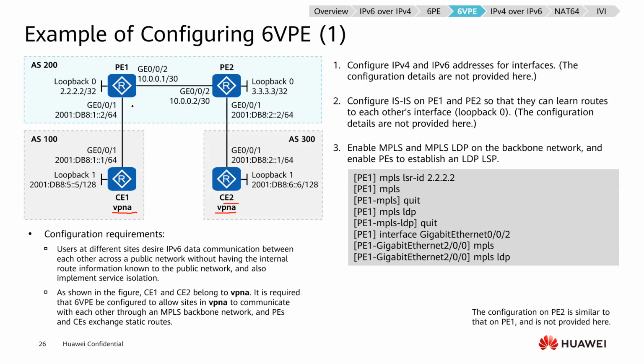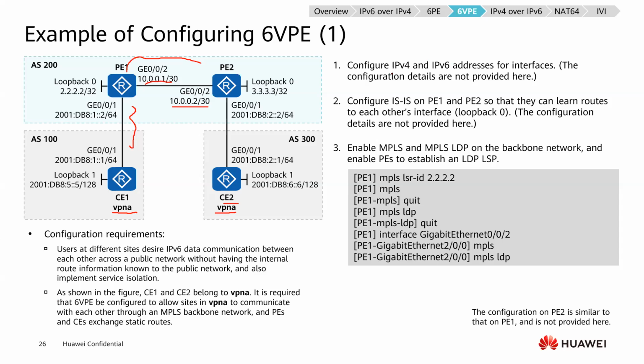And in this part, we use the static route to exchange the IPv6 traffic. And from here, it's just a normal IPv4 network, right?